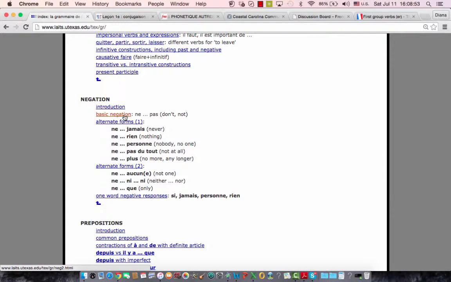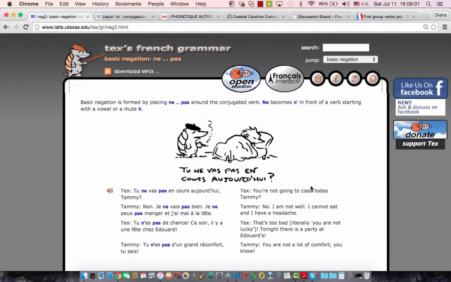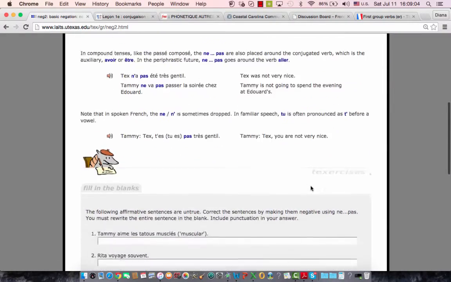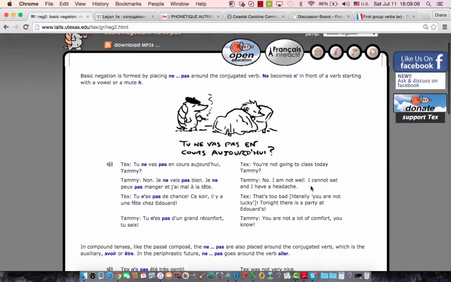We have the basic négation, the ne pas form, and then you have alternate forms. Alors, basic negation is formed by placing ne pas around the conjugated verb. Ne becomes an apostrophe in front of a verb starting with a vowel or a mute H.